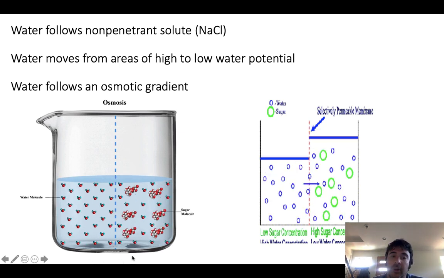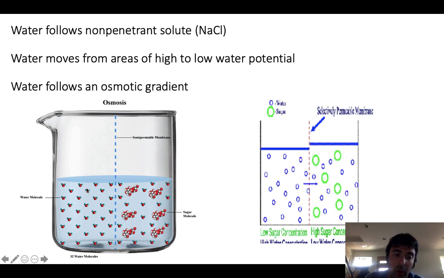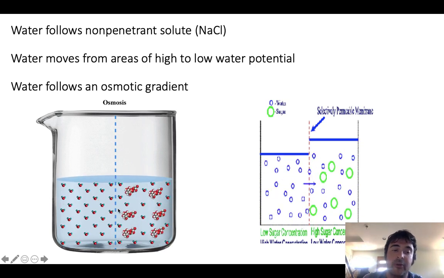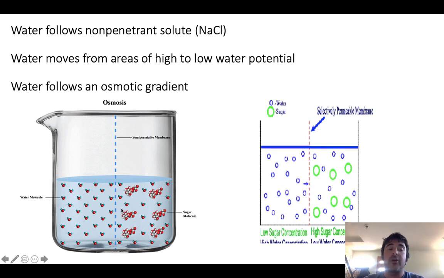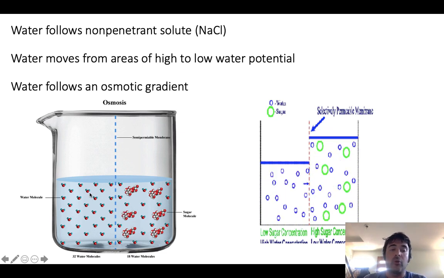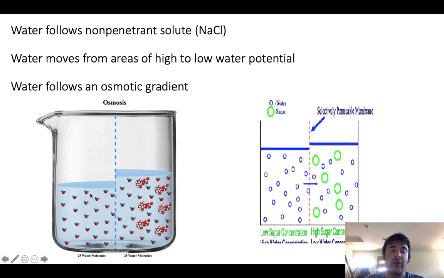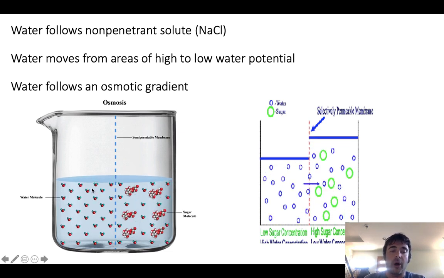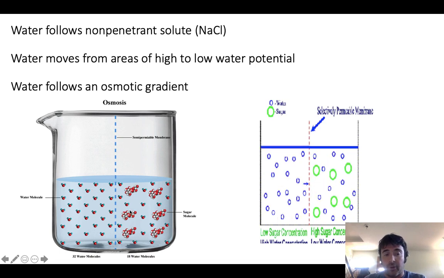Now, we refer to the gradient that promotes the movement of water not as a concentration gradient, but as an osmotic gradient. So if I asked you in which direction is the osmotic gradient directed before the movement of water, it would be directed from left to right, right?